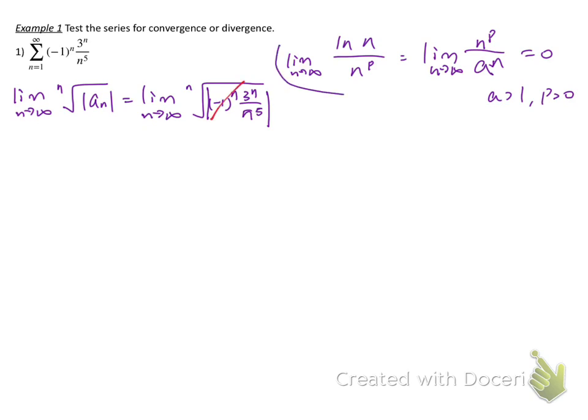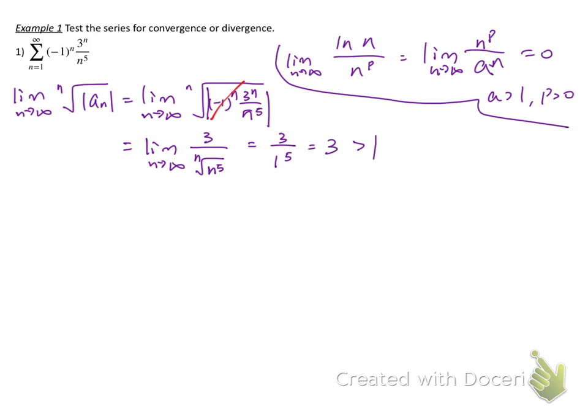So what you're going to get is the limit as n approaches infinity, nth root of 3 to the n, that's 3 over nth root of n to the fifth. And remember the limit of nth root of n in general is 1, so this is 3 over 1, or 1 to the fifth power if you want, but still that's 1. So the root test gives us a 3, which is greater than 1.